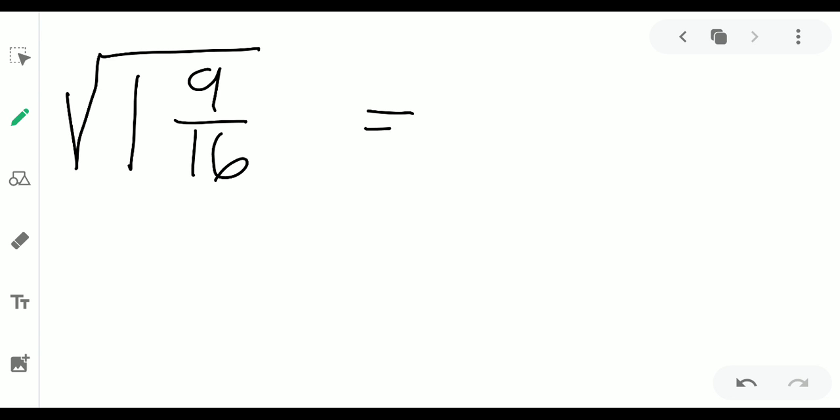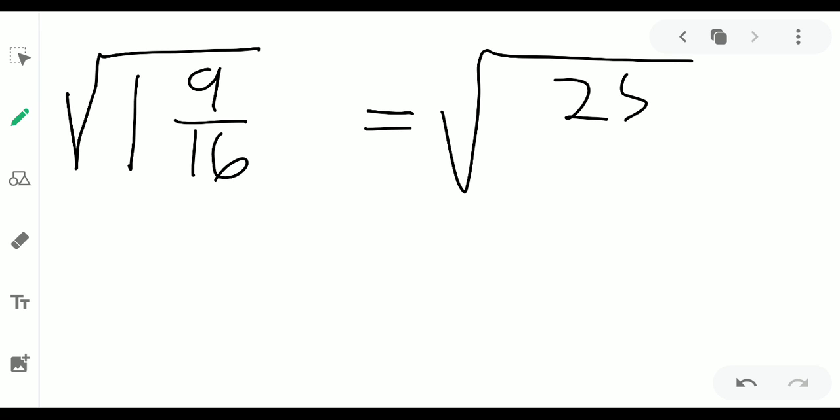The first thing to do is to change it to improper. I hope you recall this from the earlier days of class 6. So 16 times 1 is 16 plus 9, 25. So you have 25 over 16. This is an improper fraction. You have changed a mixed number or mixed fraction to an improper fraction.